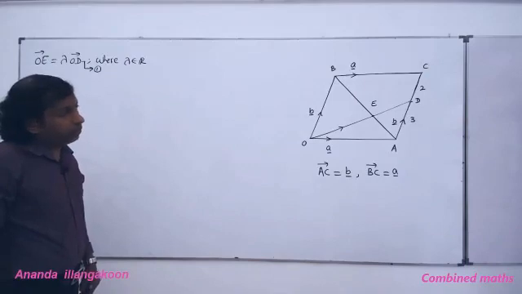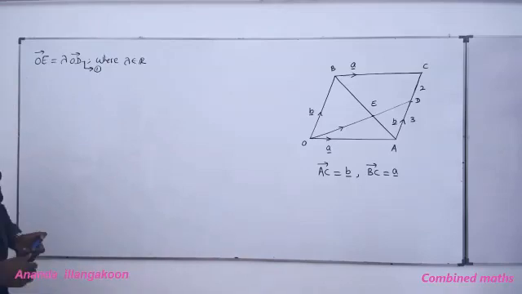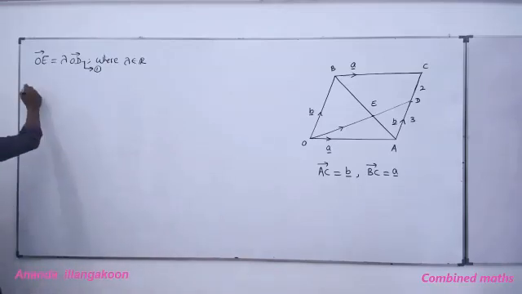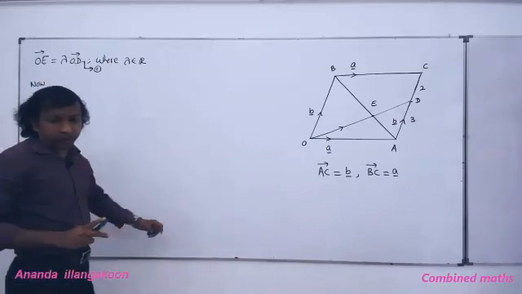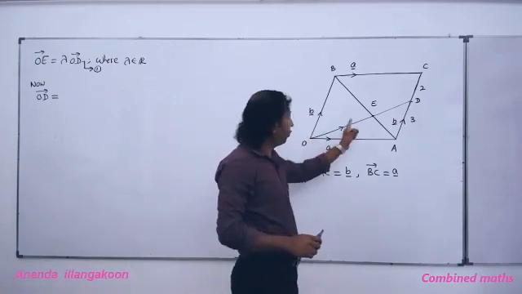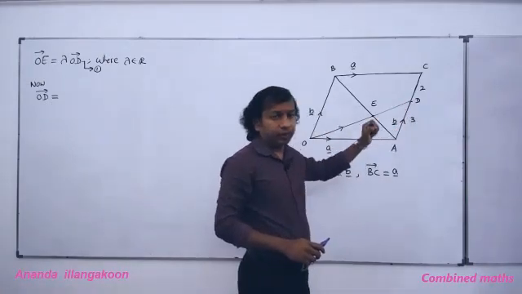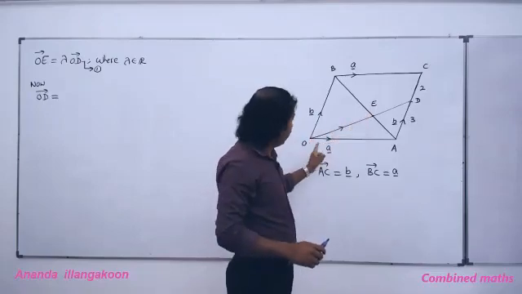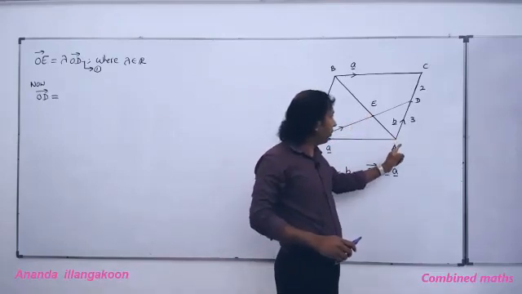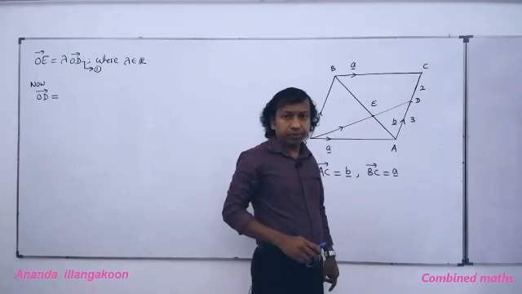Now, can you tell me how to find this OD vector? The OD vector means this vector from here to here. How to write that OD vector? We can write OD vector as OA vector plus AD vector.